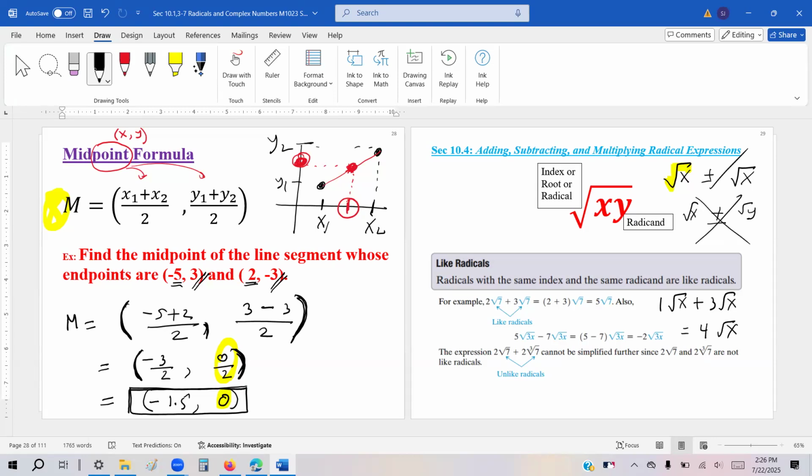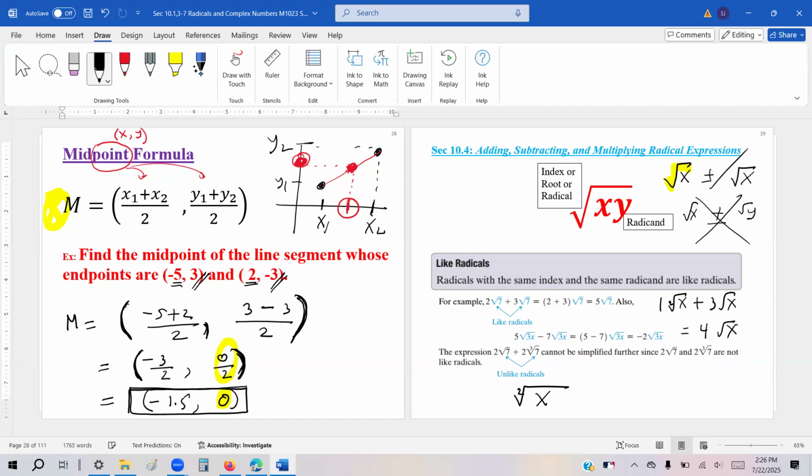Now comes the second scenario. What if you don't have the same inside? It's not 2, there's no number. 2 is the square root here. But what's the coefficient? How many square root of x do you have in the first term? So this is square root of x.